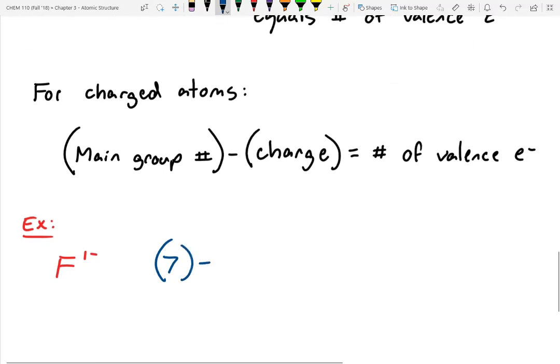And then we subtract the charge, which is what? 1 negative or negative 1. All right, what's 7 minus negative 1? 8. So make sure you do pay attention to math rules. So this one would have 8 valence electrons. All right, does that make sense? So you can use that as a really simple tool.